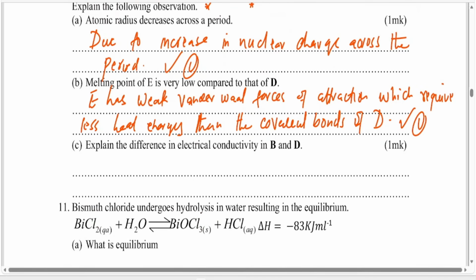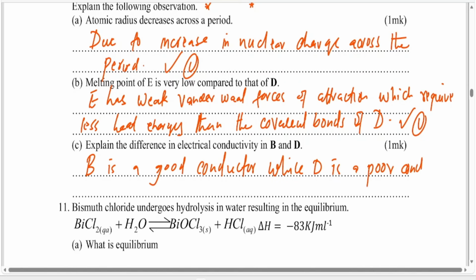So we say B is a good conductor while D is a poor conductor of electricity.